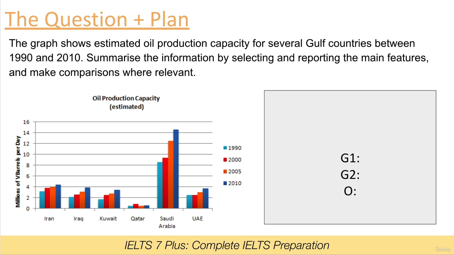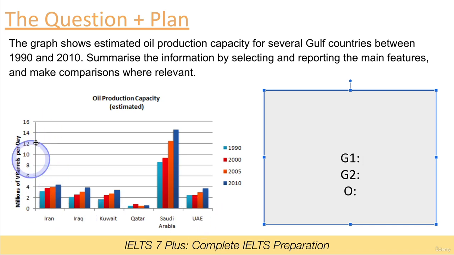Right, so it's our job now to think about groupings, and logical groups are really important for task 1. We want to show the examiner that we can link information together and present our findings in an organised way. Right, so for this, there's a few different routes you can go down. You could group countries together, perhaps.